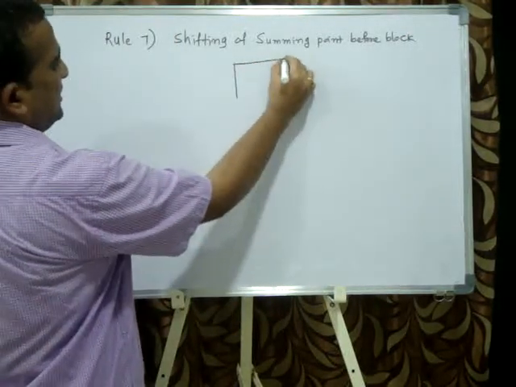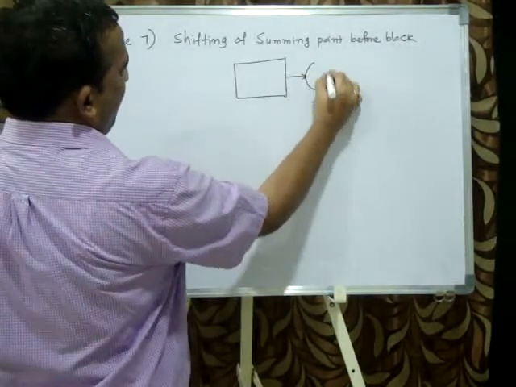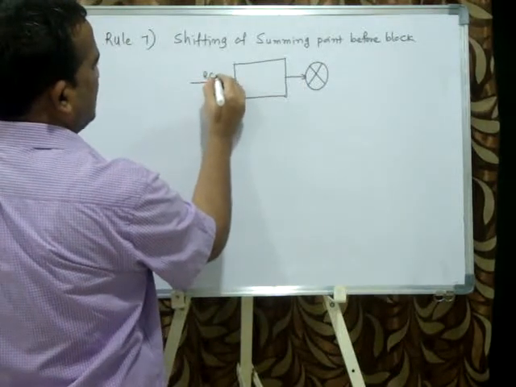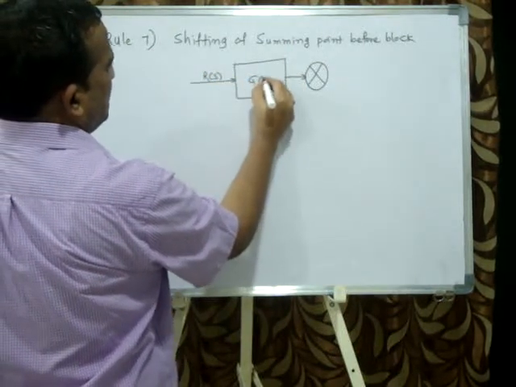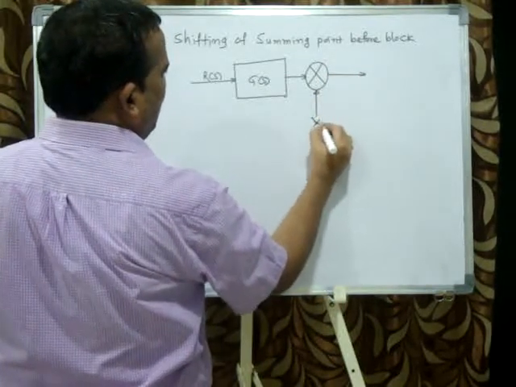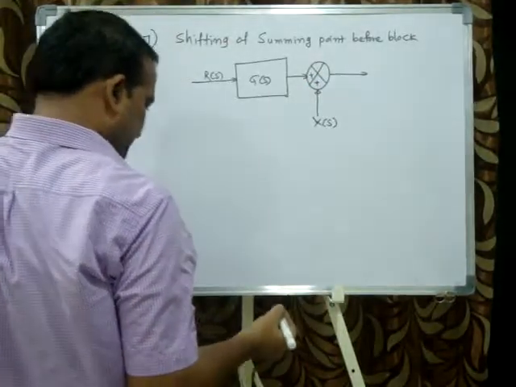Suppose this is the present system, the given system. R of S input and X of S, plus, or it may be minus also.